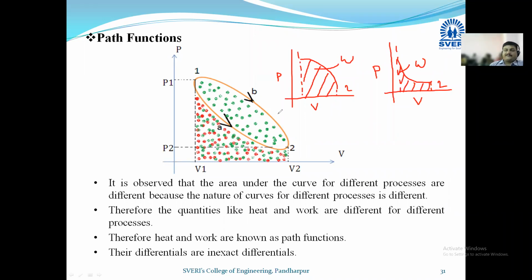Now you can tell me, I will name this diagram. This is diagram number 1, this is diagram number 2, and third one is the diagram number 3. Let us assume that the process is 1B2.